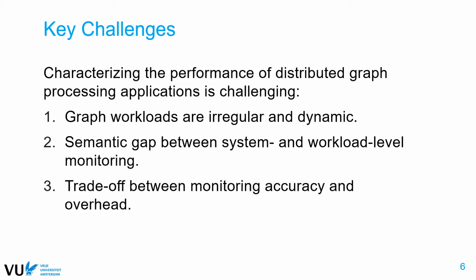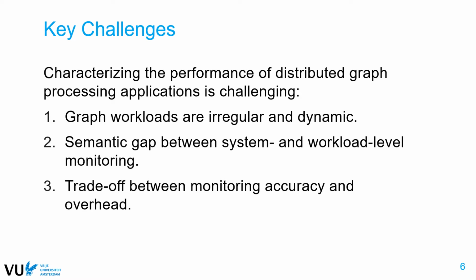Third, there's a trade-off between the accuracy of collected performance data and monitoring overhead. Due to the irregularity of graph workloads and the typical architecture of distributed graph processing platforms, performance bottlenecks can shift rapidly. Therefore, a monitoring approach that can capture performance data at fine granularity while maintaining low overhead is desired.